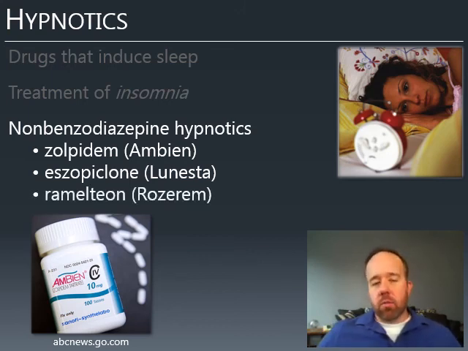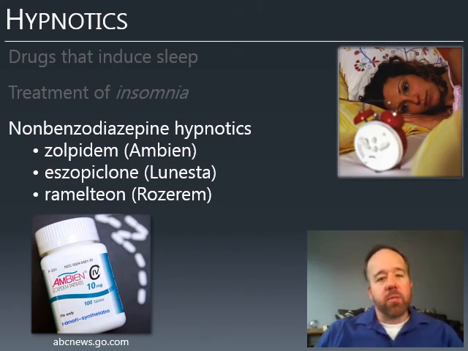Finally, there's Ramelteon, which is marketed as Rozerem, and this is actually a different class of drug altogether. It's still a depressant. It helps you go to sleep, but doesn't act through the GABA system of neurons. It actually works through a neurotransmitter called melatonin, which you may have heard of. So Rozerem is a melatonin mimic.